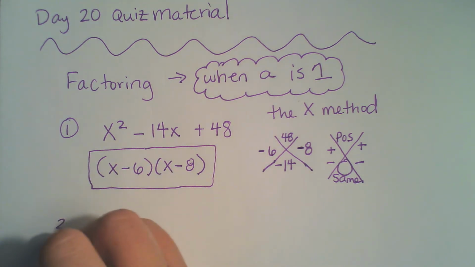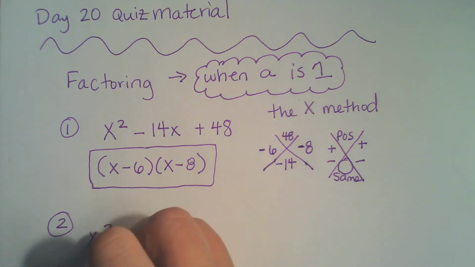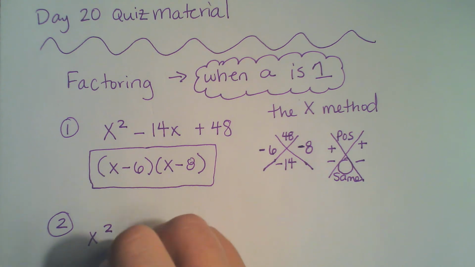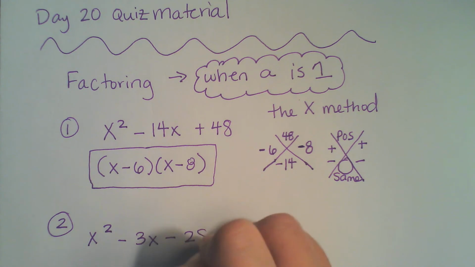All right, number 2. Let me get one where there's a negative, positive. All right. X squared minus 3x minus 28.